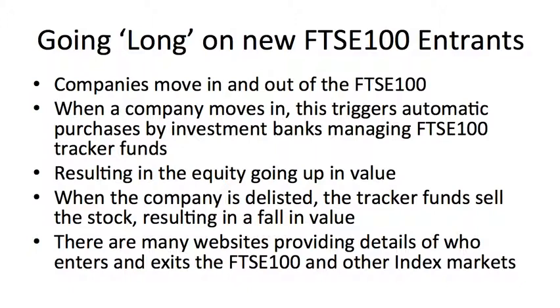And usually they'll buy millions of pounds of that stock. As a result, you will see the equity price go up in value, just simply because there are a lot of tracker funds out there, of pensions and so on, controlled by investment banks, that will automatically buy any equity that's entering the FTSE 100.